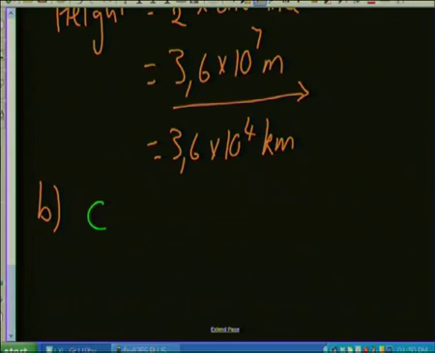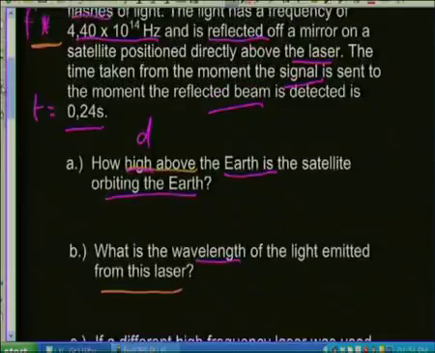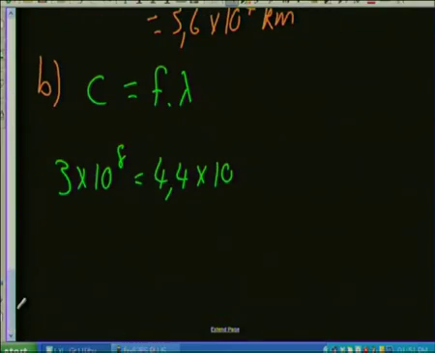And that said that C, the speed of light, is equal to the frequency times the wavelength. So we substitute in again, 3 times 10 to the 8 meters per second. The frequency was 4.4 times 10 to the 14 hertz, times the wavelength.